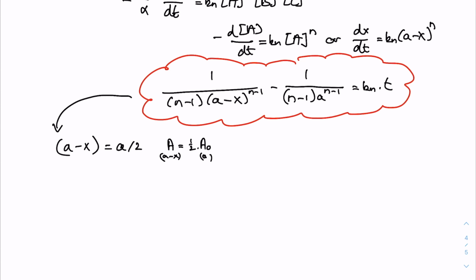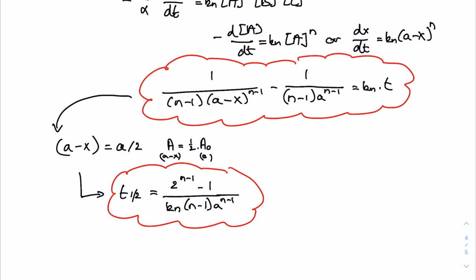It's just the same way of writing, and that leads, after substitution, to t half equals (2^(n-1) minus 1) over kn (n minus 1) a^(n-1). Okay, so this is the half-life for a general case, where n is the total reaction order.